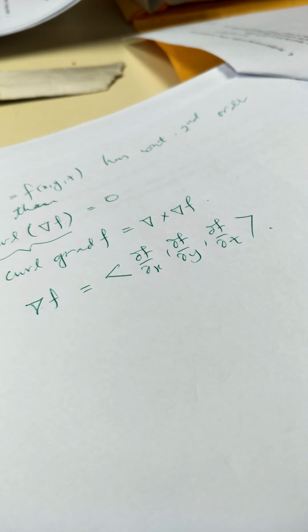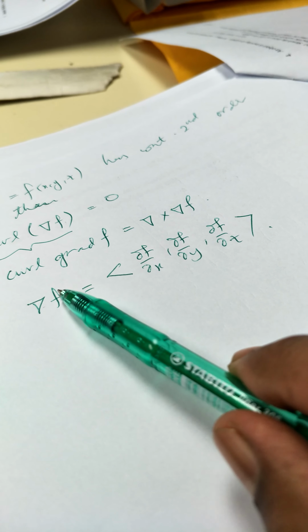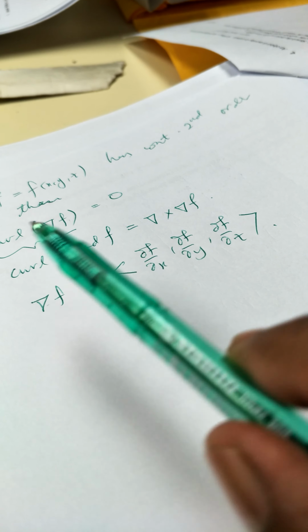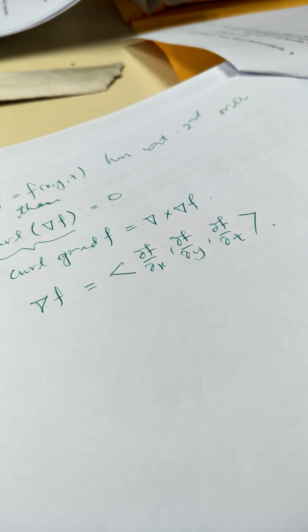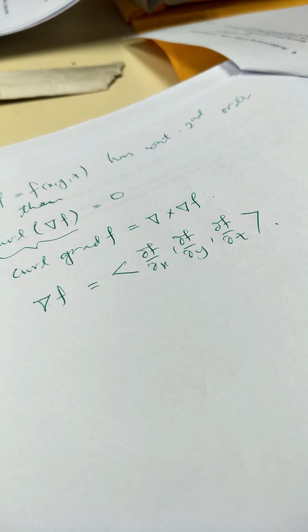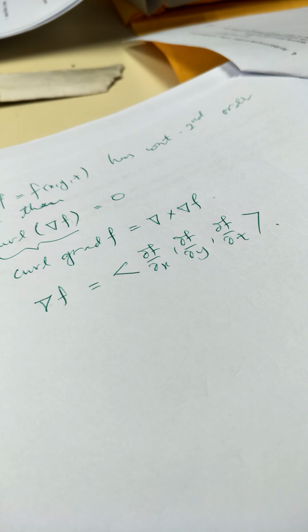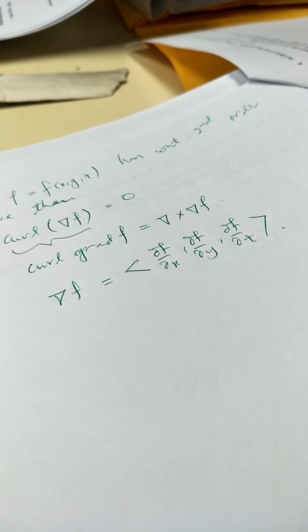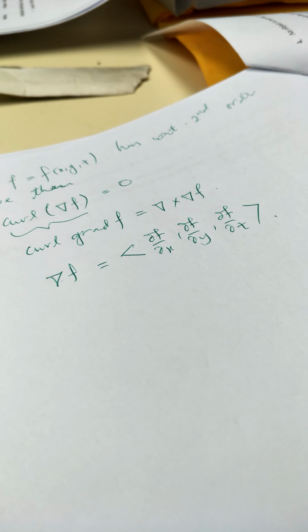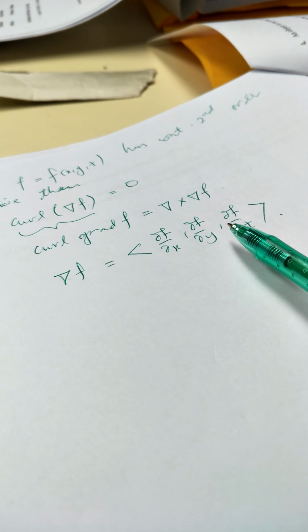Up to now we have 3 ways of using del. First is gradient, second is curl, third is divergence. All give different results, so really don't get confused with that, and just use simple vector operations.